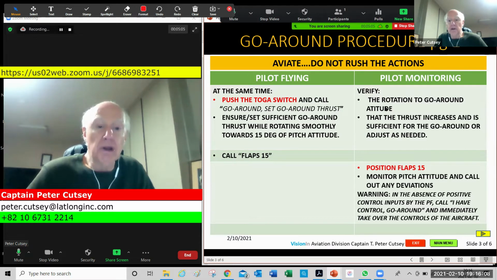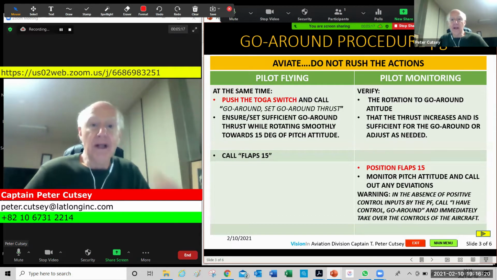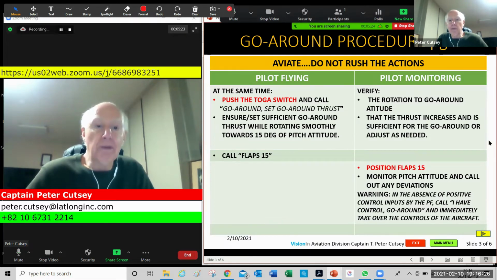The pilot monitoring would verify the rotation to the go-around attitude and that thrust increases and is sufficient for the go-around, or adjust thrust as needed. Both pilots are going to check their FMAs and ensure they have go-around and TOGA enunciated in the autothrottle and pitch modes, respectively. That is all part of it.